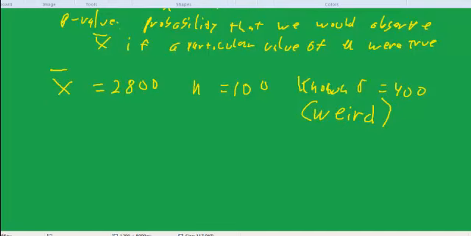Okay, so for the p-value, what I need is a null hypothesis or an assumption about mu. So the question is, is the true population mean 3,000, or is it less than 3,000? That's what we're going to be testing.